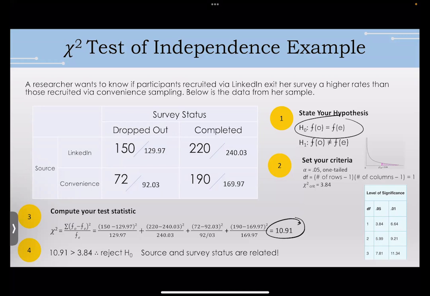It's not about the steps, it's about the question. If the question is asking you whether source and status are related, you have answered the question. If the question is asking you, please write an APA write-up of this study, you have not answered the question.